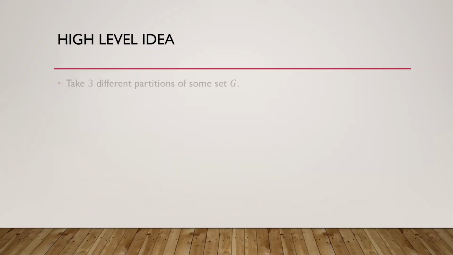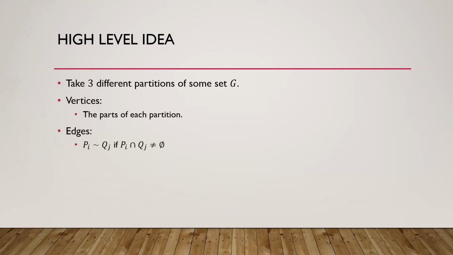To repeat this more formally, we take 3 different partitions of some set G. The vertices are the parts in each partition. The edges are 2 parts in different partitions that intersect non-emptily. Similarly, triangles are sets of 3 whose 3-wise intersection is not empty.